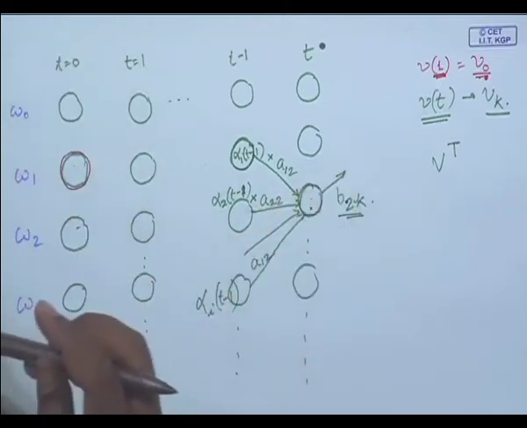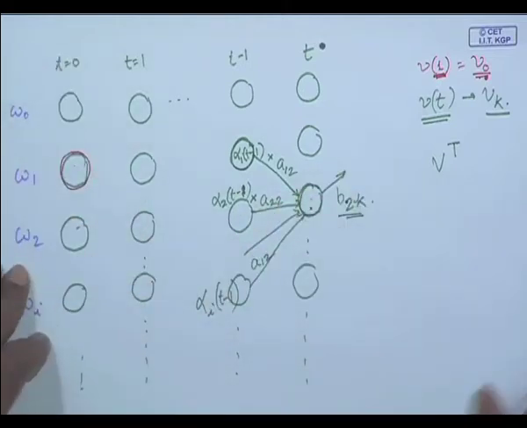So, by using this logic, I can have a recursive algorithm to find out the probability that the sequence VT was generated by the hidden Markov model theta.